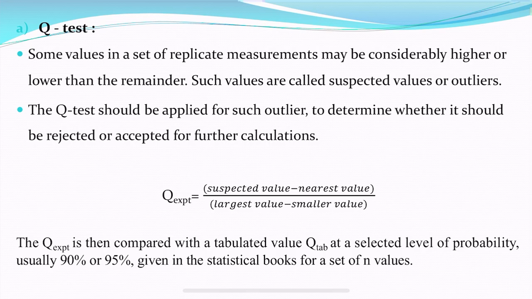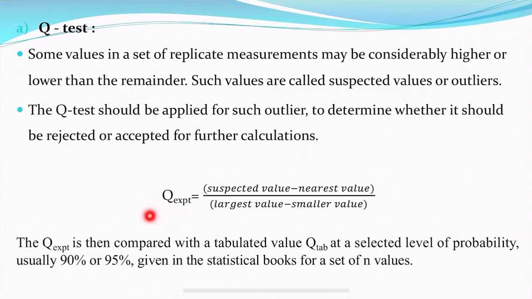Keeping an outlier in the data affects calculations like the mean and standard deviation, so true outliers should be removed. Okay. So, this is what is meant by the Q test. Some values in a set of replicates may be considerably higher or lower than the remainder. Such values are called suspected values or outliers. The Q test should be applied to such an outlier to determine whether it should be rejected or accepted for further calculation.